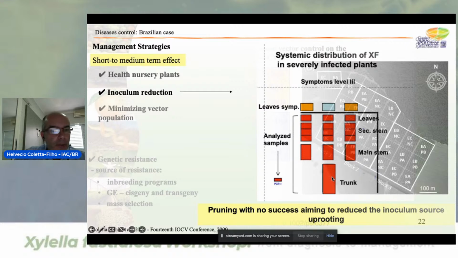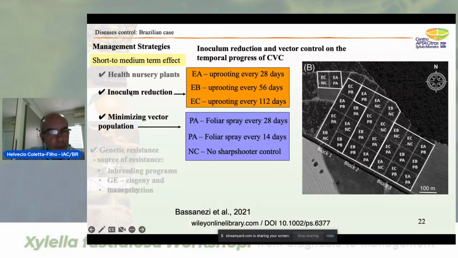Now, talking about minimizing inoculum and minimizing the vector population, there is work recently published by our colleague Bassanezi.